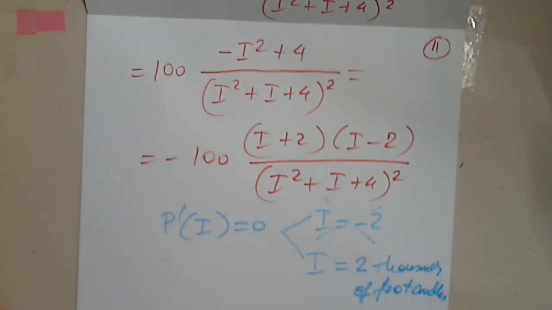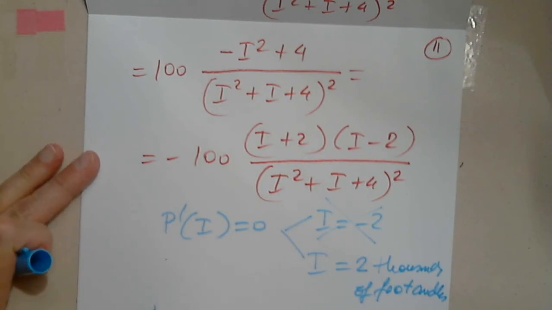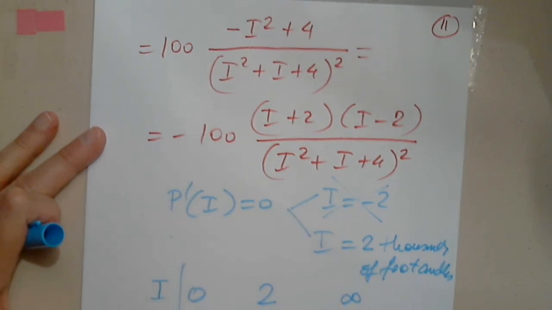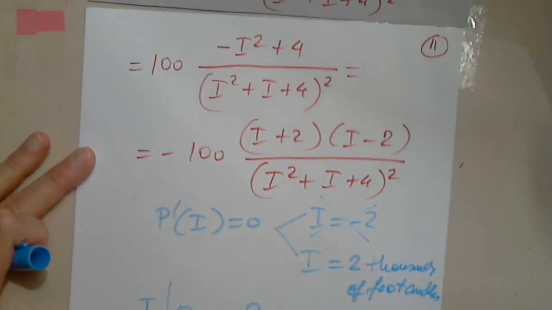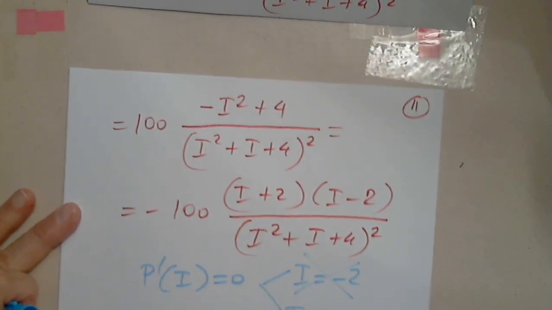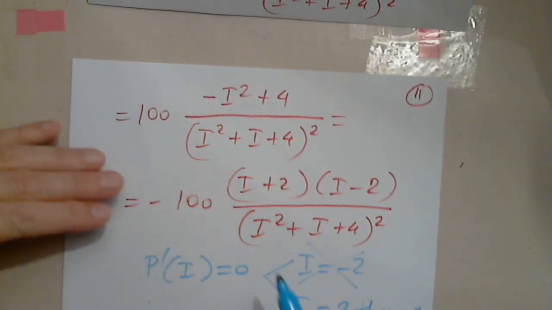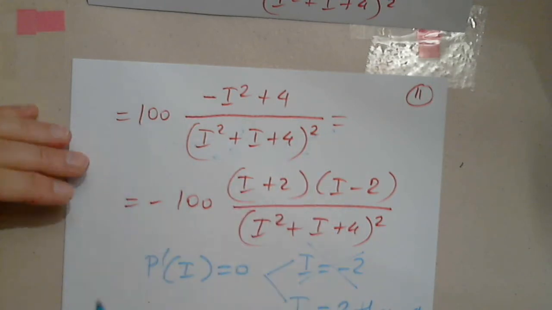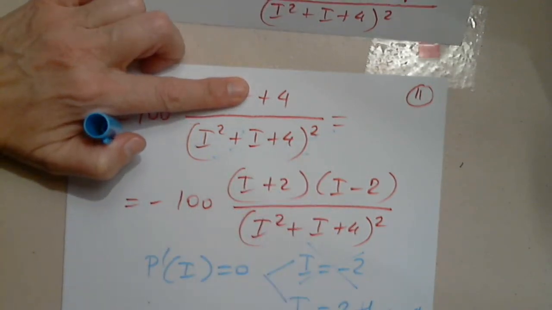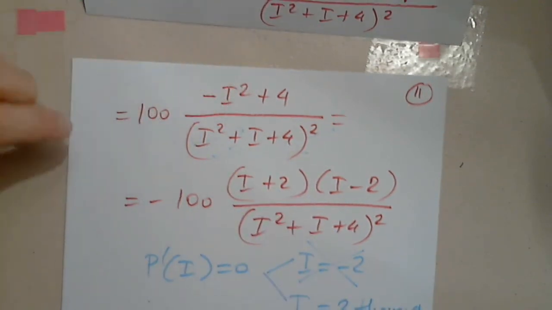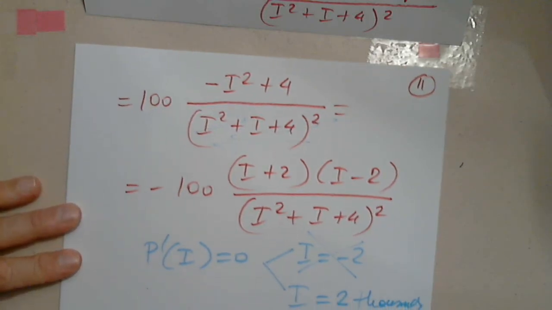But I haven't convinced you of anything yet. So this is I, this is 2, and this is P prime of I. So when I plug in 0, I don't care about the denominator. When I plug in 0, I get positive. Let's see what I get when I plug in 10.